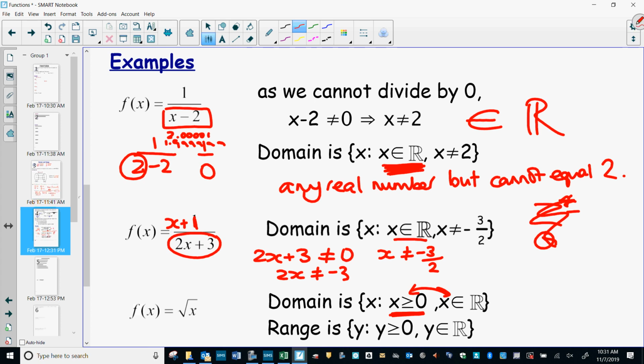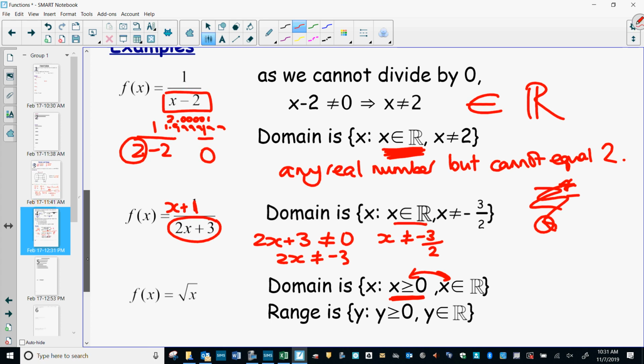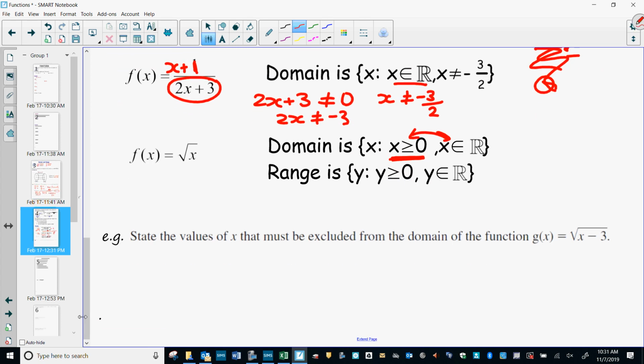Sometimes the wording of it, you just have to be careful. So if it says which must be excluded, you would identify 2 as being excluded. Do we understand that? Because x cannot equal 2. Yes? Does that help?